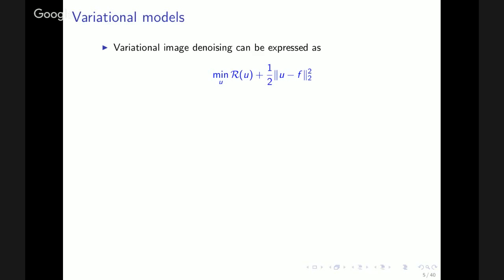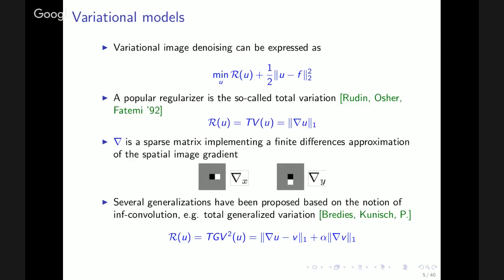So you try to find an image U that is in a least squares sense similar to your noisy image F. And it should also have a low regularization term, R of U. And a very popular regularizer that dates back to Rudin, Osher, and Fatemi of 1992 is the so-called total variation. And the total variation is nothing else than the L1 norm of the gradient of the image, so nabla, this operator here, is a gradient operator that computes spatial derivatives of an image, so it gives you a notion of edges.